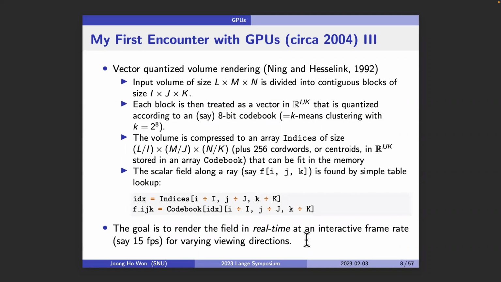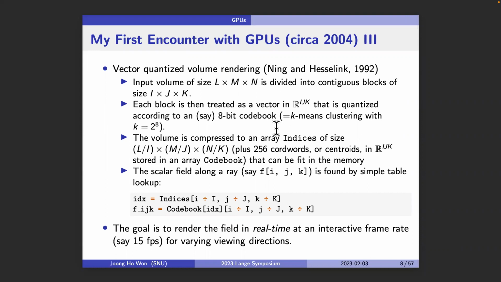So these authors of 1992 paper consider the vector quantization for volume rendering, which is basically about dividing the volumetric field of size L times M times N by contiguous blocks of size I times J times K. Then each block is treated as a vector in the Euclidean space of dimension I times J times K, and that is quantized according to, say, 8-bit codebook.